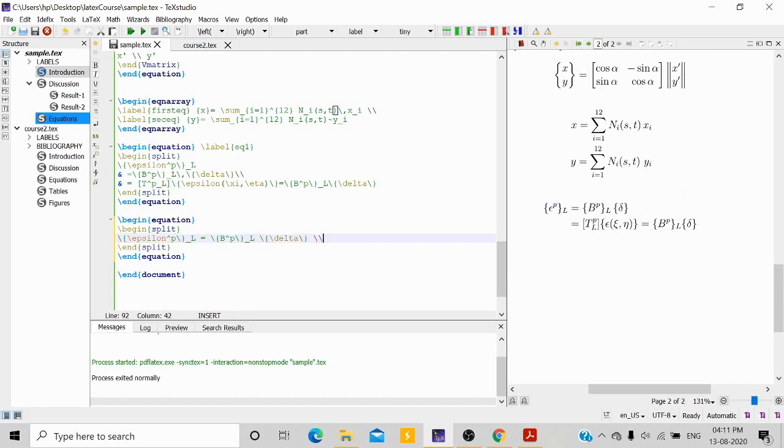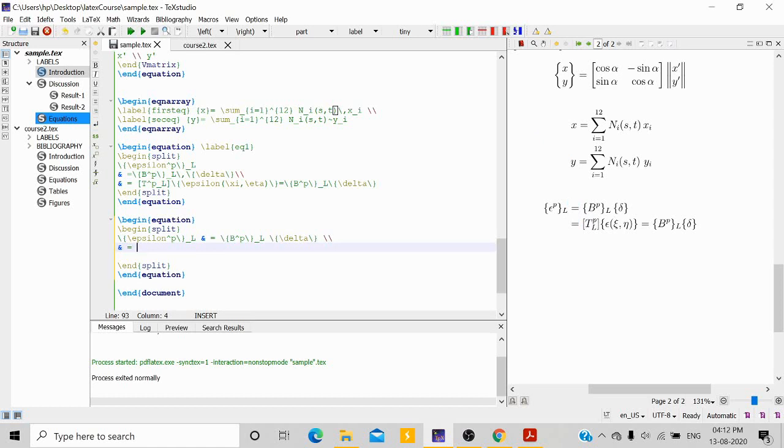Then I have to put a second equation, but in order to show where these two should come, it should start with the equal sign. So before the equal sign I'll put the ampersand. Okay, ampersand sign. The next one again ampersand sign, and I'll start with equal to. So wherever you want this to come in the same line, at that point you have to put this ampersand sign.